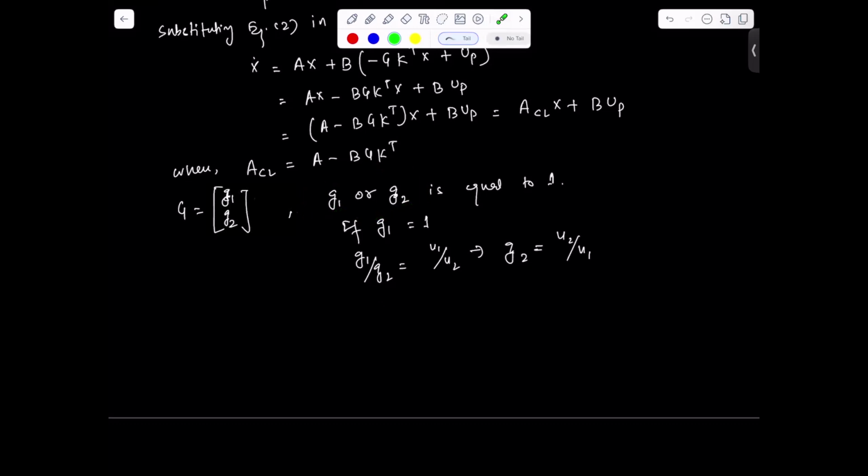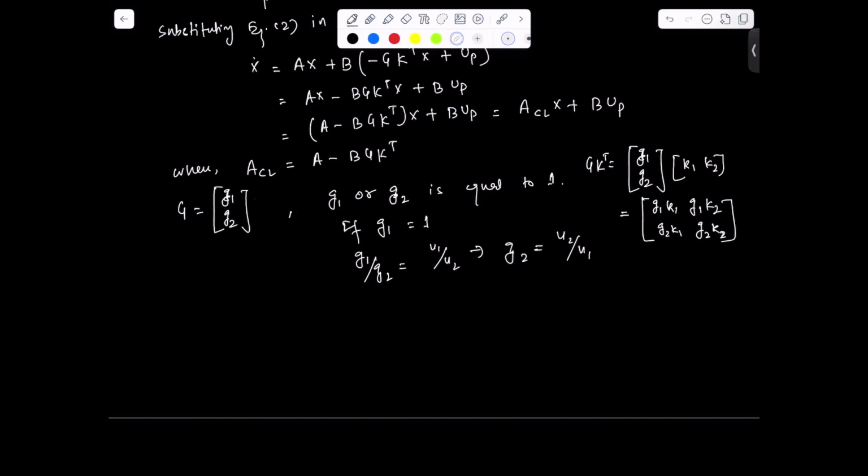We'll assume some values. Basically we are finding G K transpose equal to G1, G2 into K1, K2, which gives the matrix G1 K1, G1 K2, G2 K1, and G2 K2.